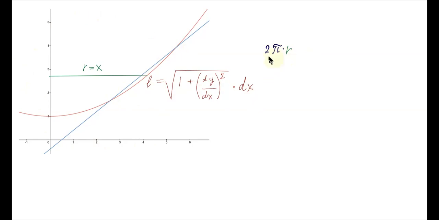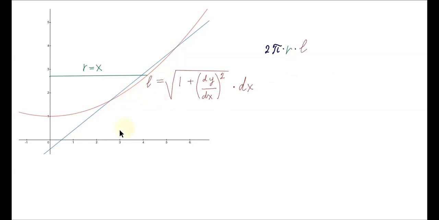The product of those, the length of the circular motion times the length of this piece of the curve, will give us the area of the surface of rotation. So the surface of rotation area is equal to 2 pi r times L.